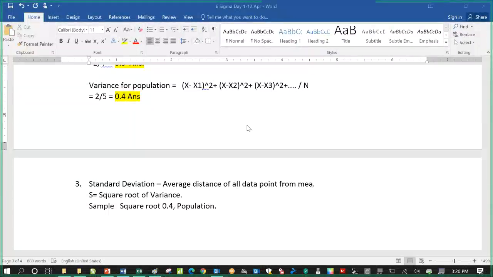There will be hardly any difference between sample and population because it's just minus one. You have to consider if you are able to collect every data point, then it is a population. Let's say you have 100 people working and you have the sales report of all 100 people, then it is a population. But if you are randomly selecting a few, fewer than 100, then it is a sample. That's how it will be.